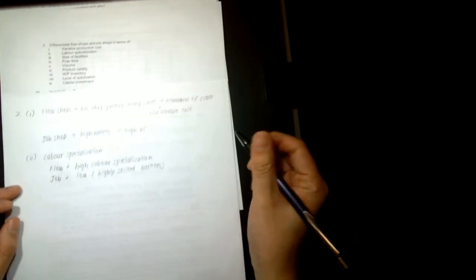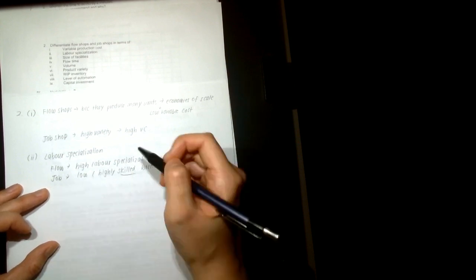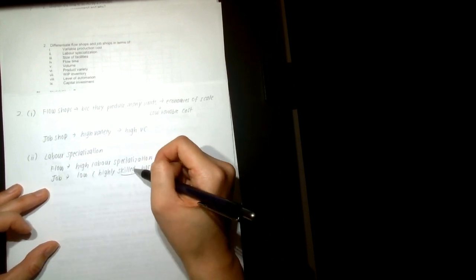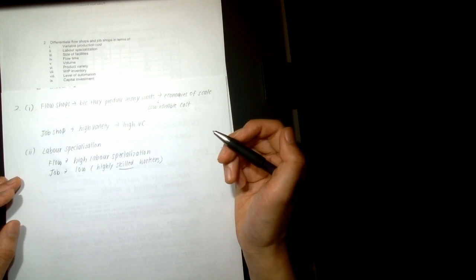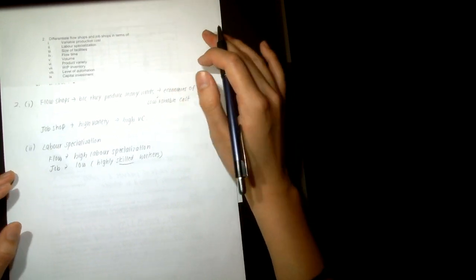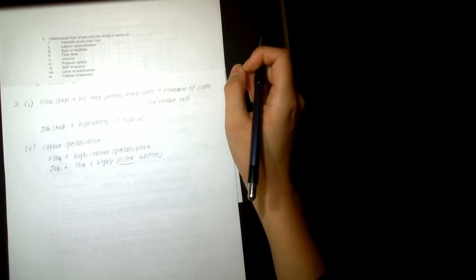Another thing that he might ask is comparing them in terms of skill. Job shop workers would have more skill than flow shop because they would be producing a variety of different items, while flow shop workers specialize in one single thing.